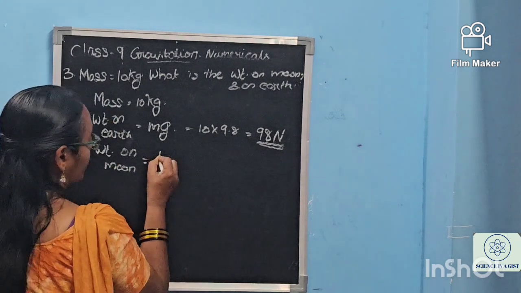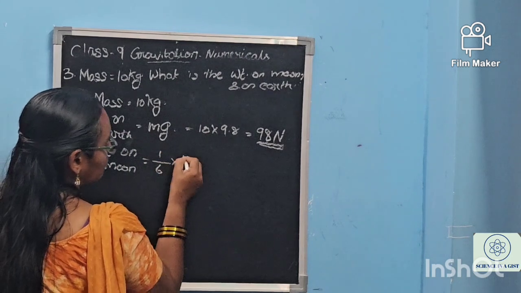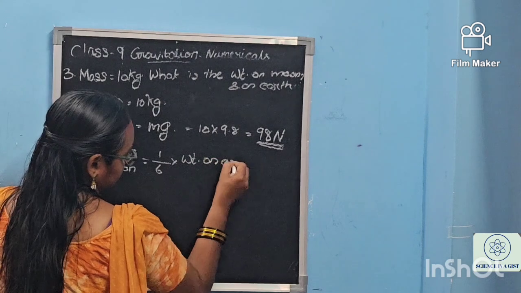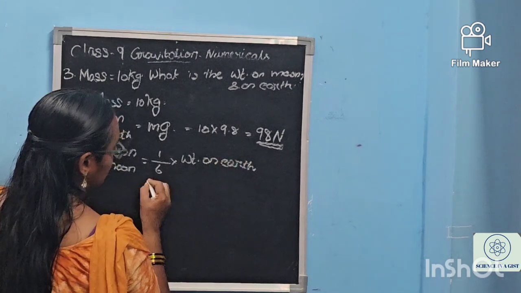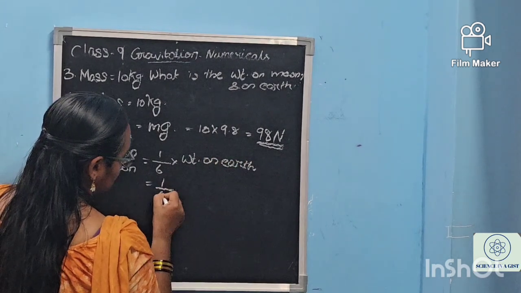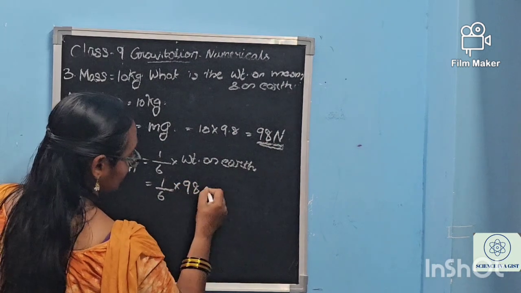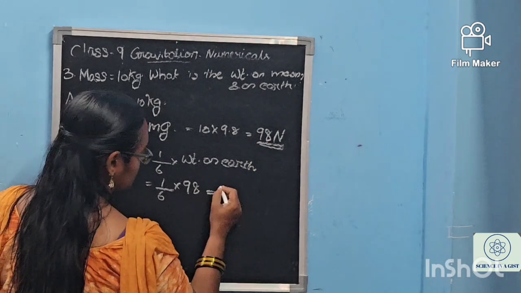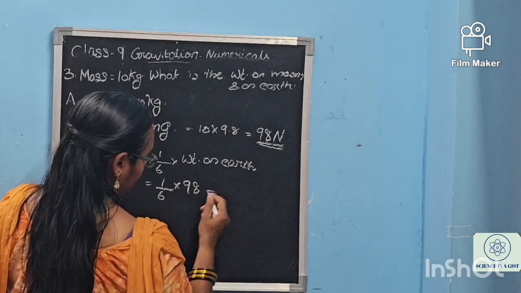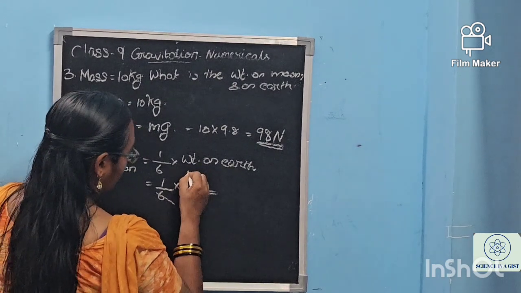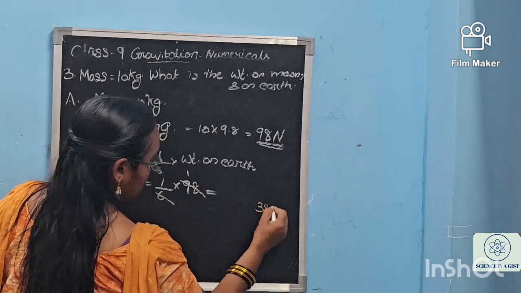So, the same thing. 1 by 6 into weight of the object on Earth. That's equal to 1 by 6 into 98. This is 98, right? So, what will be that? It will be something like, how can it be cut off? Let's see.